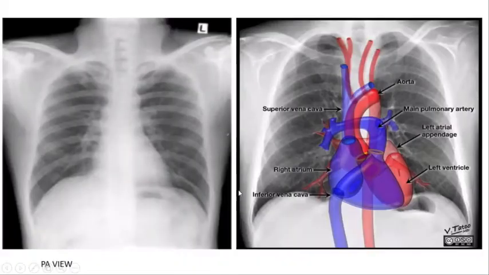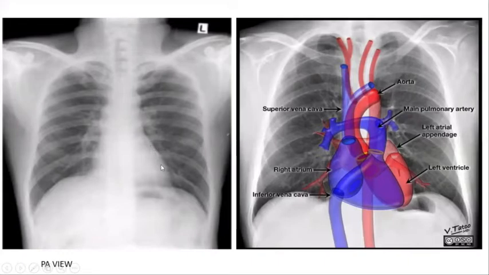Now let's have a brief overview of the structure of the heart and the related borders and structures. First, this is the PA view. On the PA view, we have to look for the heart borders, chambers, and the great vessels. Let's see the chambers of the heart. This right side convexity, this border is formed by the right atrium, and similarly this inferior border is formed by the right ventricle, and the left atrium and left ventricle are comparatively posterior in comparison to the right chambers of the heart.